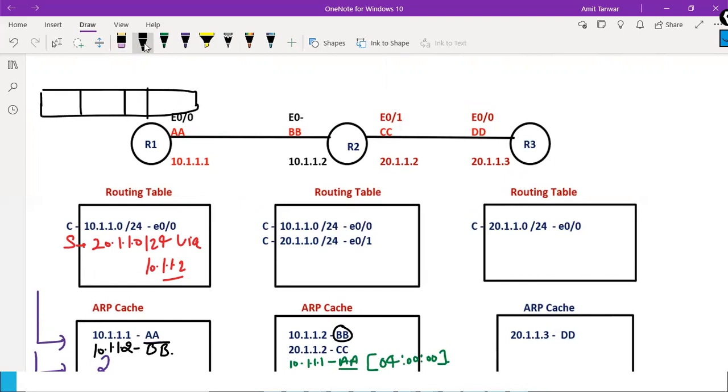This is the packet with source IP, destination IP, source MAC, and destination MAC. The source IP is 10.1. The destination IP, as you have already mentioned in the ping, is 20.3. The source MAC is A, and the destination MAC is B, because it's your gateway MAC address.